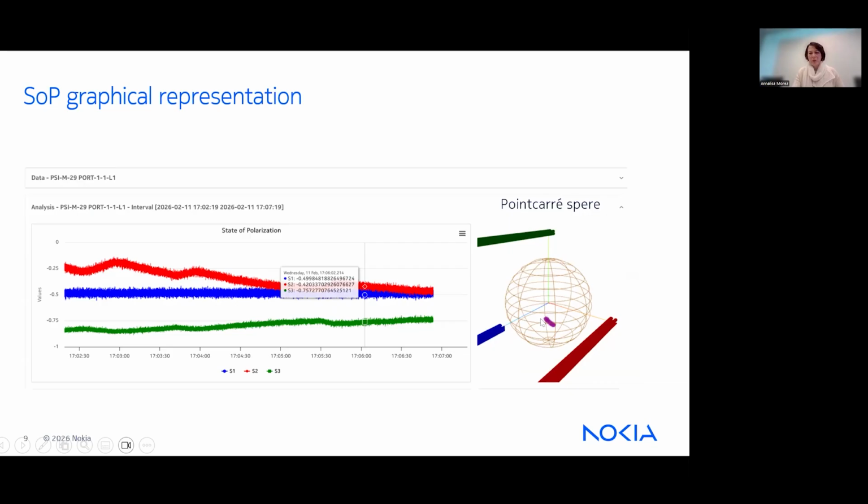What we can observe here is that there are almost no events impacting the fiber, and the 3 parameters behave quite like noise for the 3 Stokes parameters, moving around a small section of this Poincaré sphere.